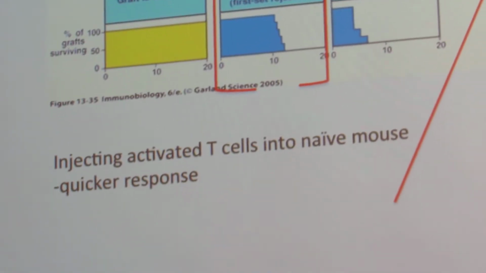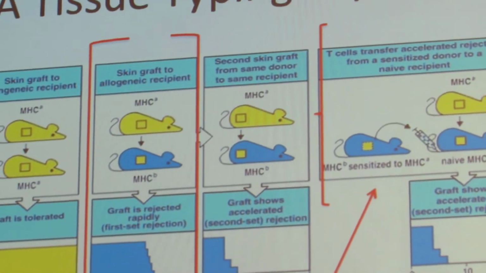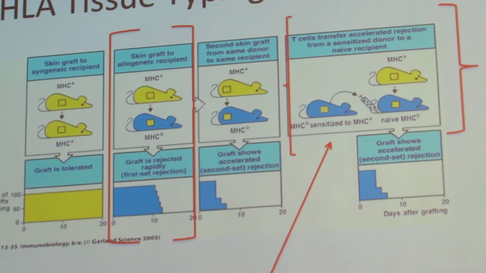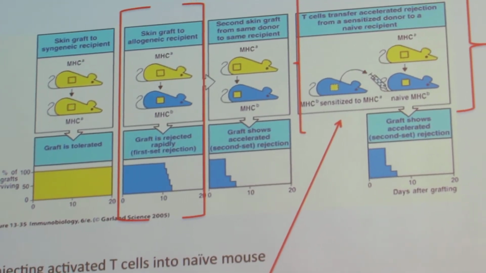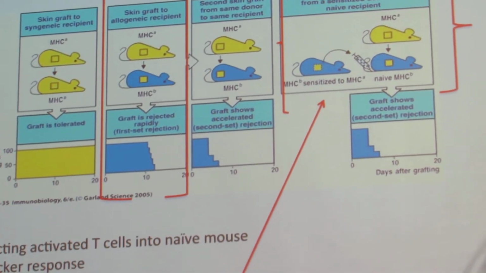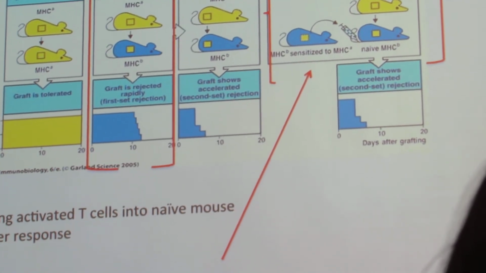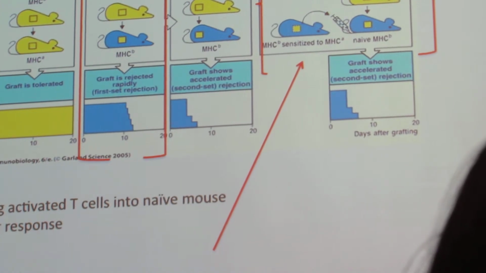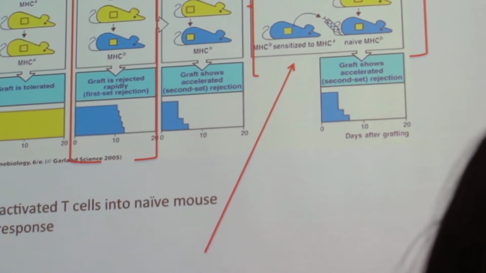And the other bracket on the right is showing if you take those activated T cells from, say, right around day 10 on the left bracket, you inject that into a mouse pretty much concurrently with that skin graft, and you'll see the y-axis get about halved, a little bit less than 10 there. And that's just showing that when you inject those activated T cells, that's what's taking so long in the first experiment, right? So those activated T cells happening concurrently with the procedure equals about 5 or 6 days for total rejection.